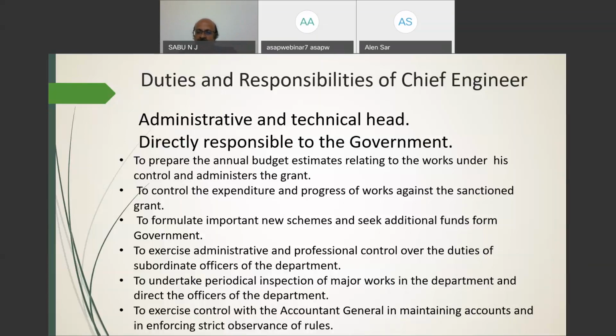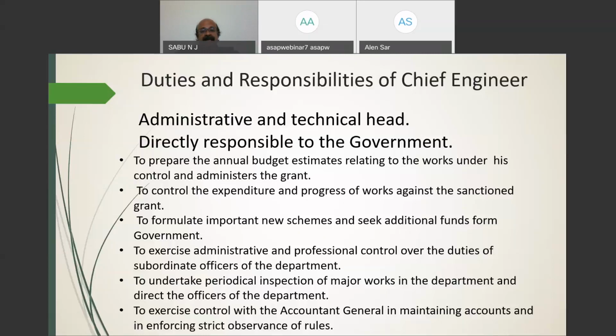Normally, all works are directly carried out by the section officer and their staff, so the project proposals also originate from the section officers. The chief engineer has to collect all information and reports from these lowest offices and coordinate all project proposals for the department, finally forming one consolidated list that must be sent to the finance department.